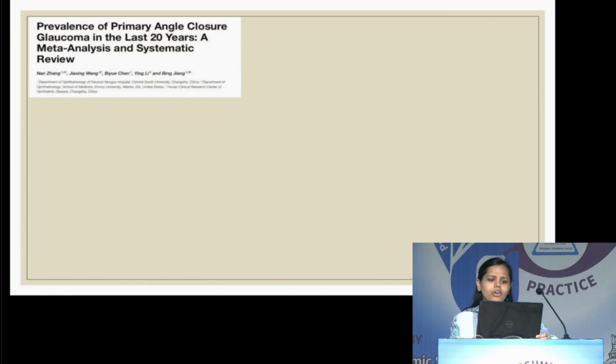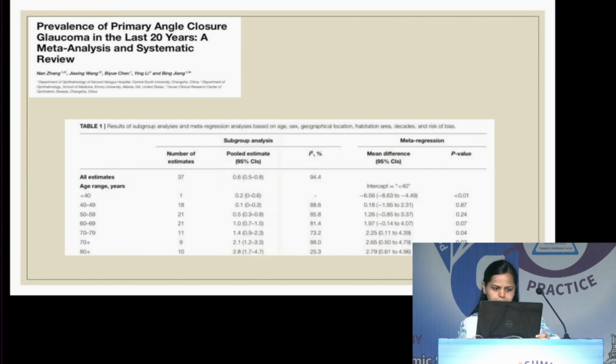The prevalence of primary acute angle closure glaucoma in the last 20 years, a meta-analysis and systematic review done in 2020, according to this study, found that more than 99% of patients with acute angle closure attack were of age more than 40 years.